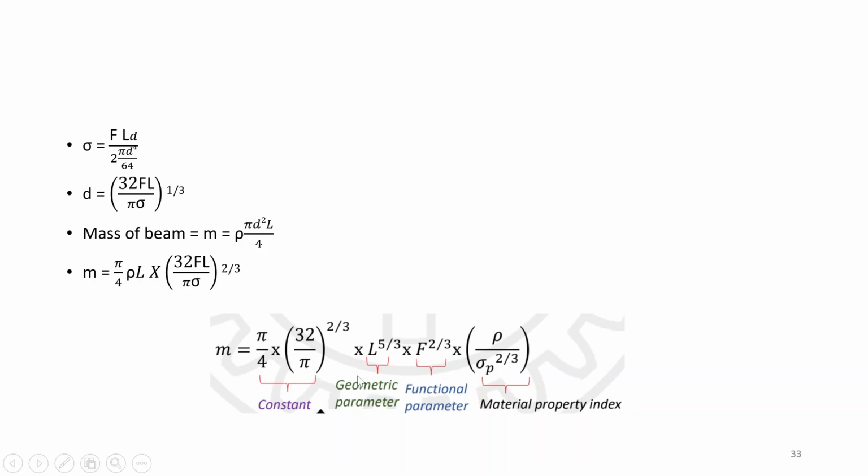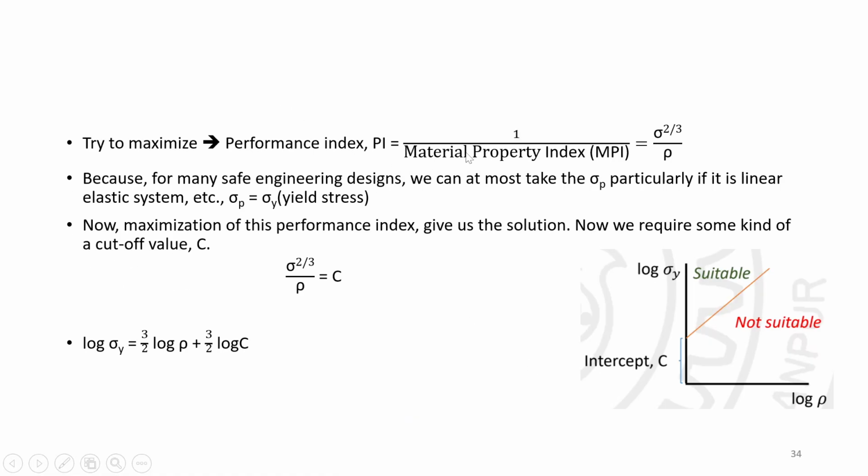Using these we will be getting this, and the material property index will be rho upon sigma to the power 2 by 3, and you have to take the inverse for finding out the performance index, which you maximize. For many safe engineering designs we can at most take sigma up to, particularly if it is a linear elastic system etc., the yield stress.